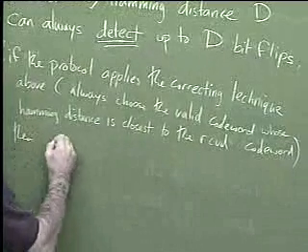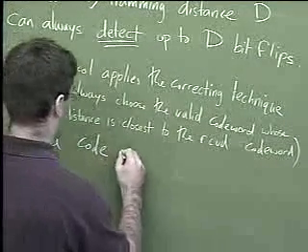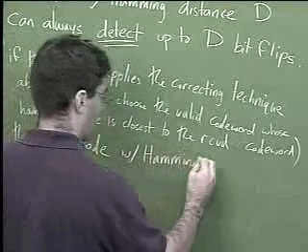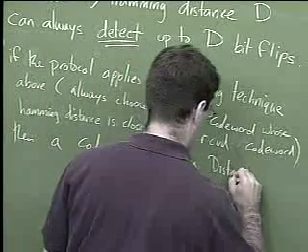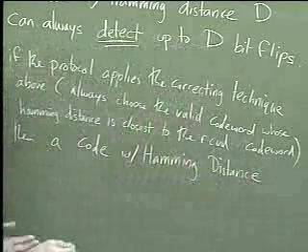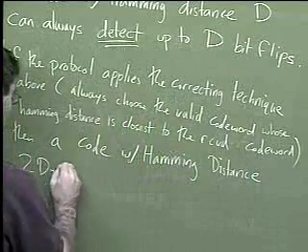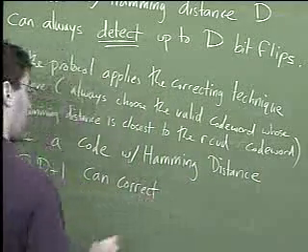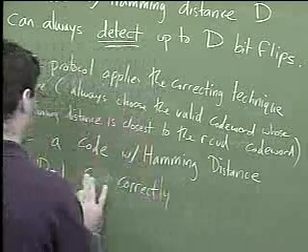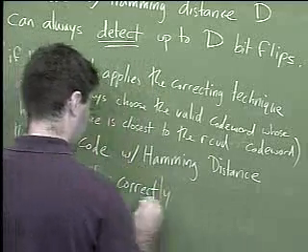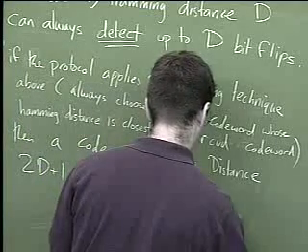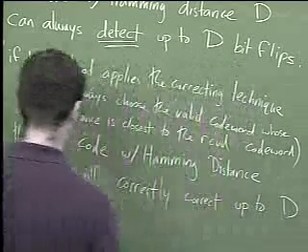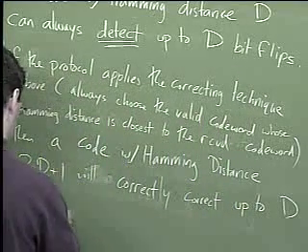Then, let me say it this way: a code with Hamming distance 2D plus 1 will correctly correct up to D bit flips.